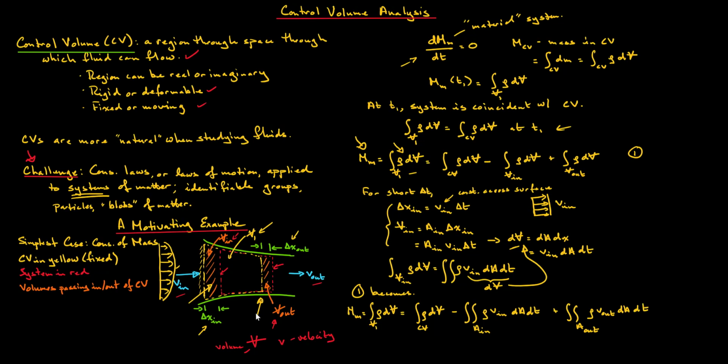And the area corresponding to V out, volume out, is A out. And the area corresponding to volume in is A in. And again, these V in and V out are actually velocities.